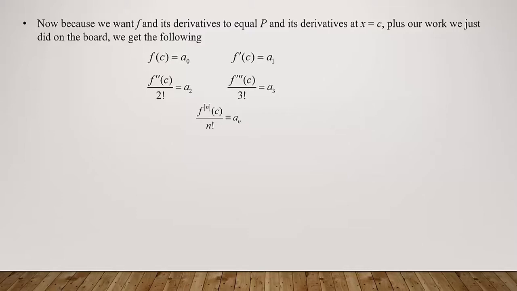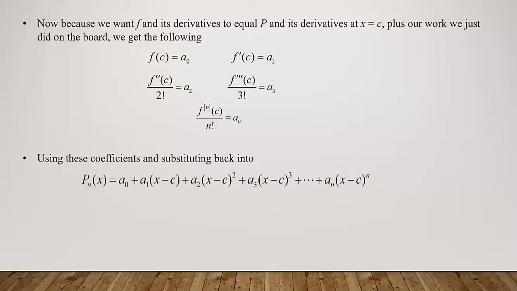So like I said, some stuff was looking familiar, you know, that factorial notation. But here's the thing. We have determined what the coefficients actually are. So if we take these coefficients and substitute them back into the general form of the polynomial, I'm going to substitute in f of c for a sub 0, f prime of c for a sub 1, f double prime of c over 2 factorial for a sub 2, f triple prime of c over 3 factorial for a sub 3, and the nth derivative evaluated at c over n factorial for a sub n.